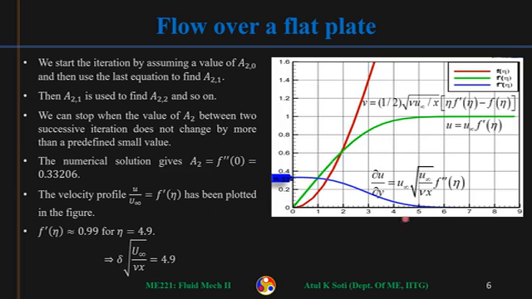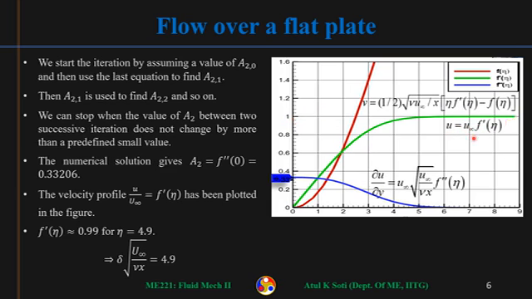The x-axis is eta and the y-axis is simply u by u infinity. At eta equal to 0, u by u infinity is 0, because f prime of eta is 0. As you increase y, because eta was y into something, the velocity u increases, and when eta becomes large enough, u equals u infinity, so this ratio approaches 1.